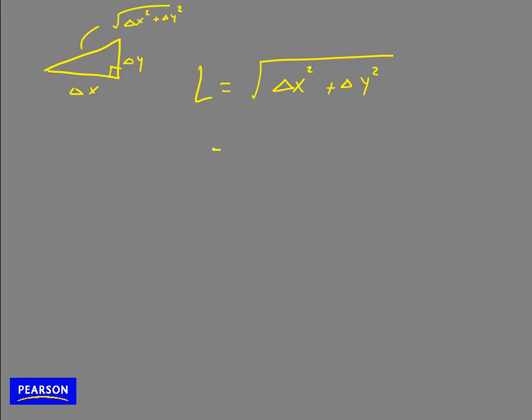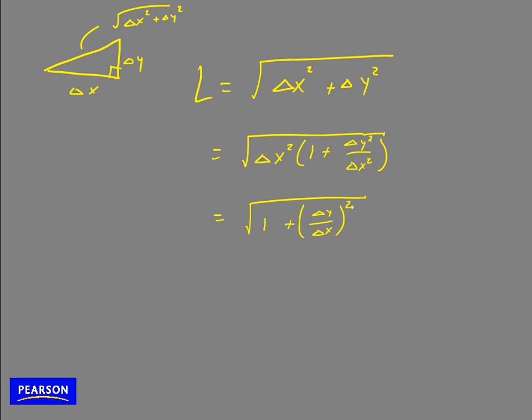I'm going to rewrite this as the square root of the quantity delta x squared times 1 plus delta y squared over delta x squared, all underneath the square root. The square root of delta x squared is just delta x. So I get the square root of 1 plus delta y over delta x, that quantity being squared, times delta x.